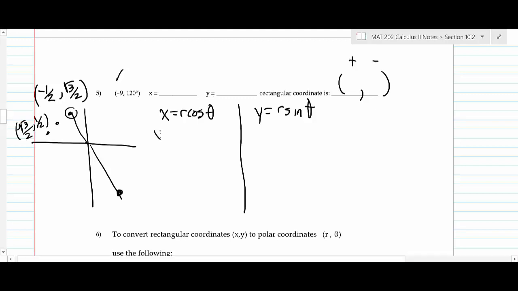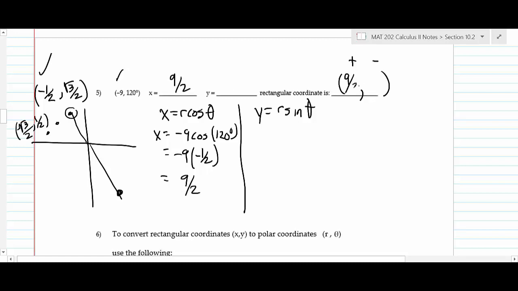So what we do for x is we just do negative 9 cosine of 120. The cosine of 120 is negative 1/2. So see, you're going to get a positive answer. Okay, so we get 9/2 for x. So we got what we expected. Okay, then when you go to y, you're going to have y equals negative 9 sine of 120.